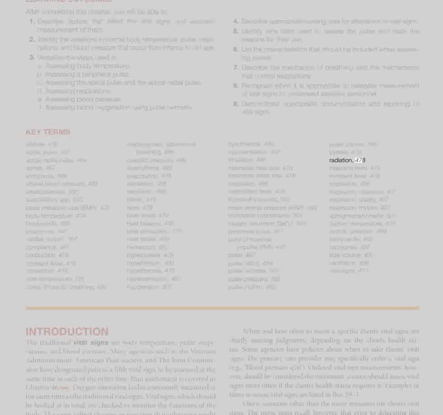Radiation, 478. Relapsing fever, 479. Remittent fever, 479. Respiration, 496. Respiratory character, 497. Respiratory quality, 497. Respiratory rhythm, 497. Sphygmomanometer, 501. Surface temperature, 478. Systolic pressure, 499. Tachycardia, 489. Tachypnea, 497. Tidal volume, 497. Ventilation, 496. Vital signs, 477.